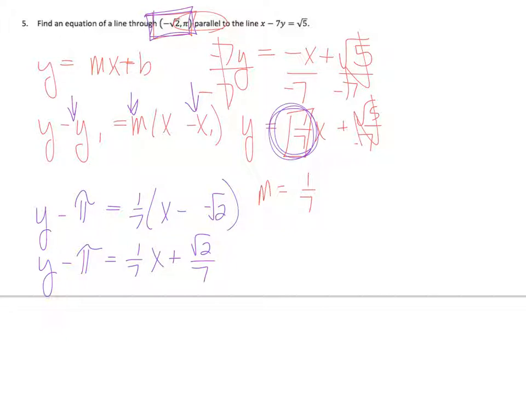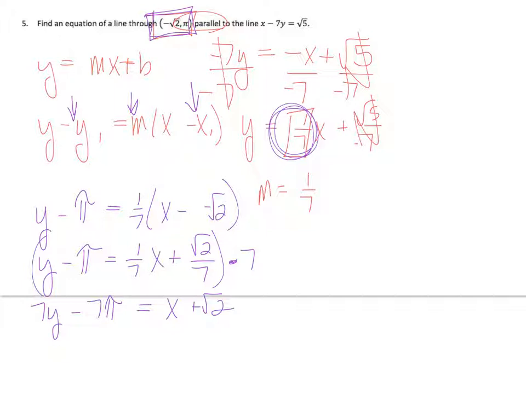I could try to simplify this a little bit more, but yikes. Let's just multiply everything by 7. That'll look a little bit nicer. 7y minus 7 pi, say that 5 times fast, equals x plus the square root of 2.